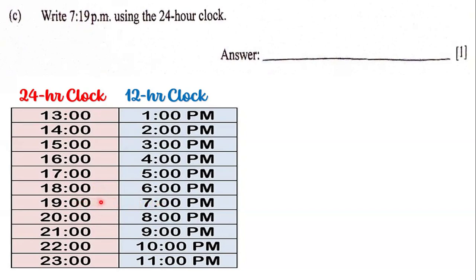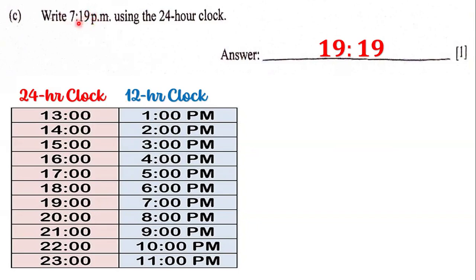So again, if we notice here, 19 o'clock on the 24-hour clock corresponds with 7 p.m. And so that means that if we want to write 7:19, it is actually going to be 19:19, because the 7 p.m. is 19 o'clock already when converted to the 24-hour clock. So 7:01 would be 19:01, and 7:02 would be 19:02, and 7:03 would be 19:03.